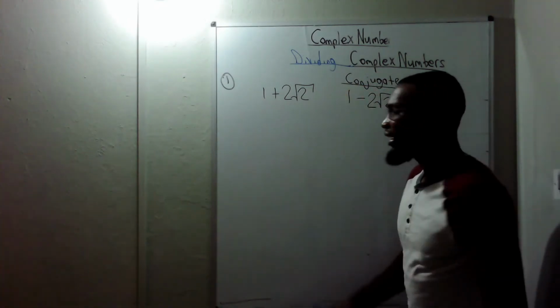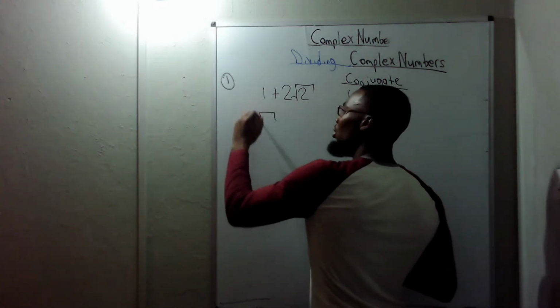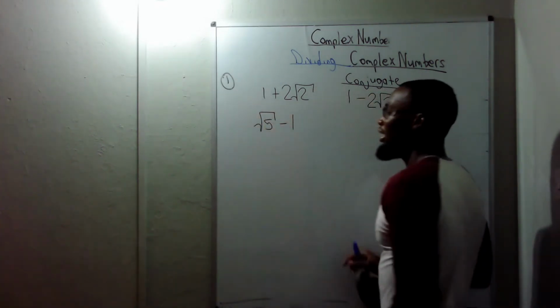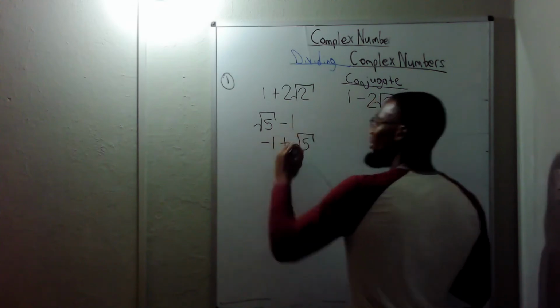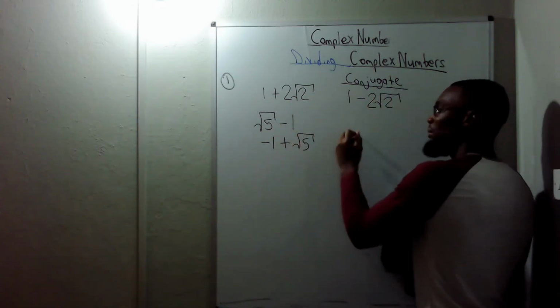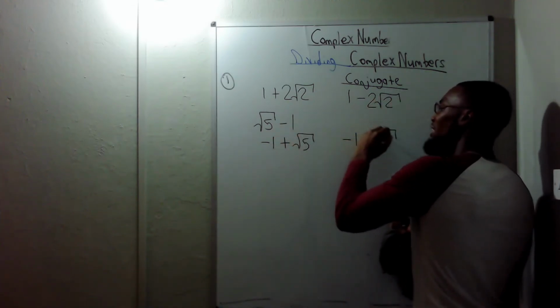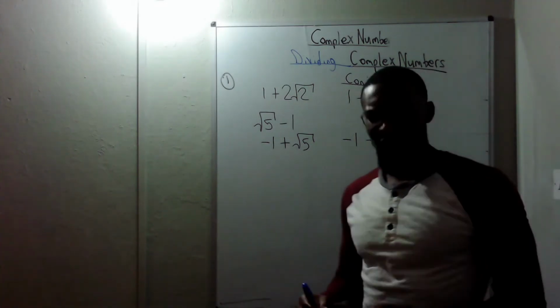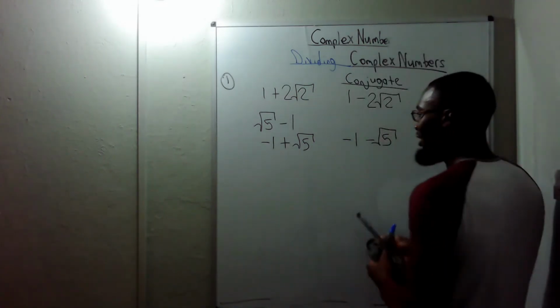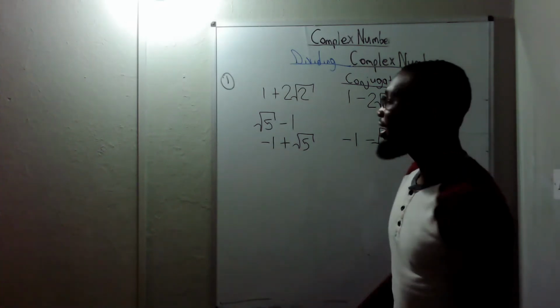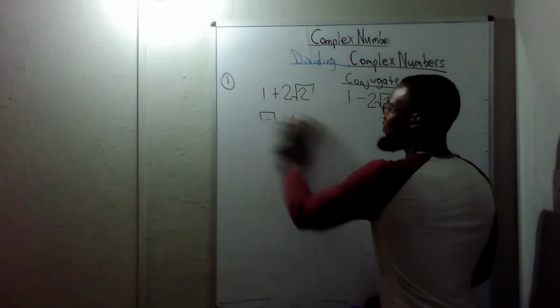And if you get another surd like root 5 minus 1, this is the same as saying minus 1 plus root 5. And so the conjugate of this would be minus 1 minus root 5. It's the same way complex numbers have what's known as conjugates.